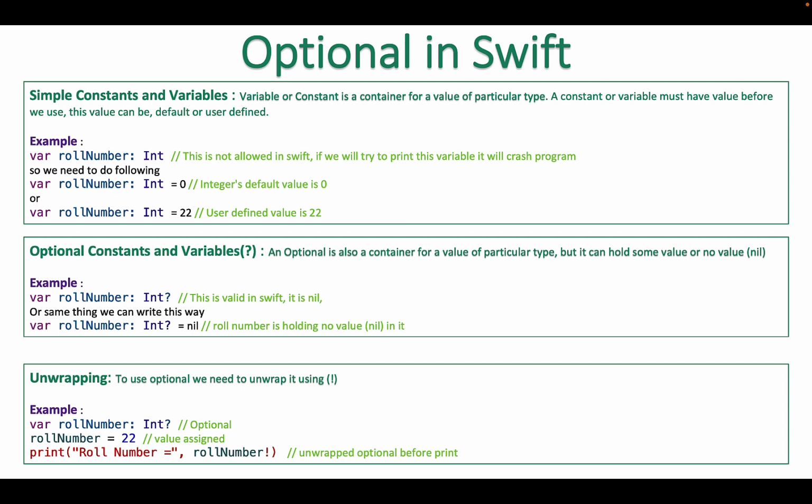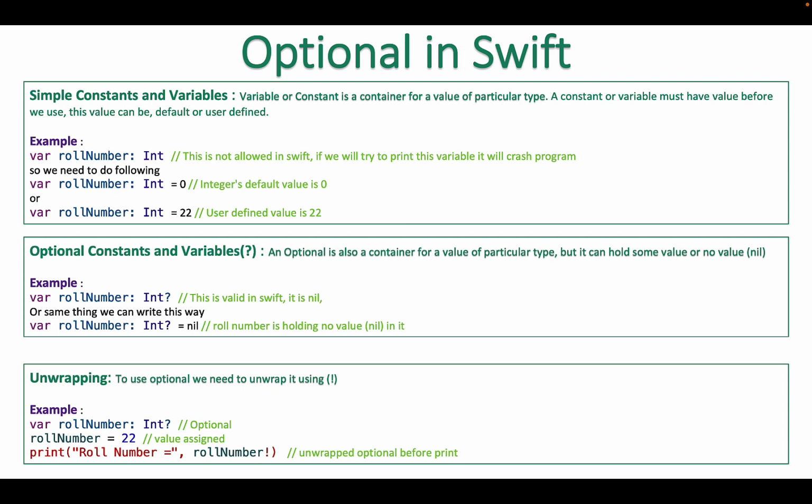Now in print we have mentioned the variable name roll number along with the exclamation mark to unwrap it. If we do it this way, it will completely work and it will print roll number value is 22.